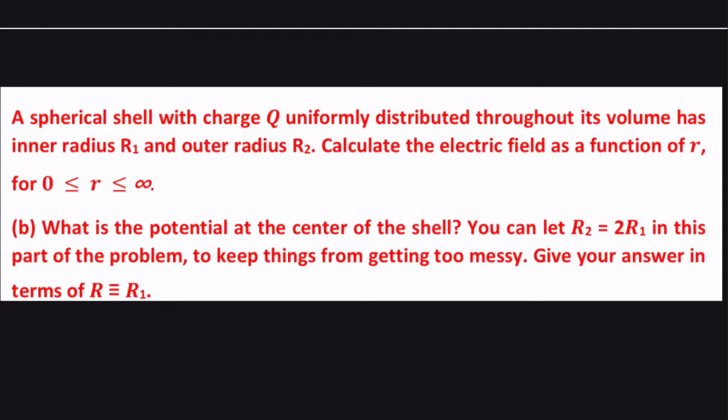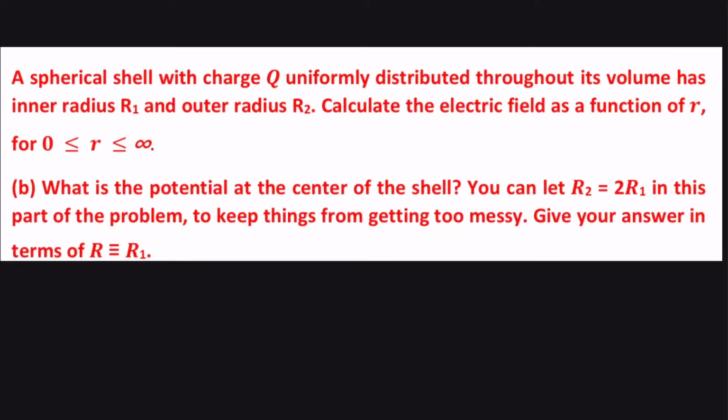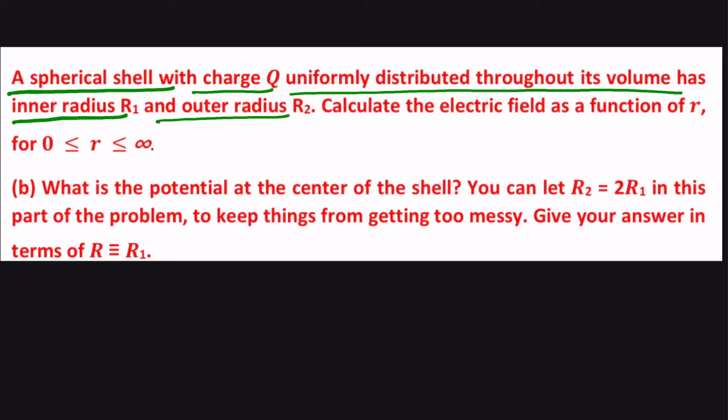So first question, we are given that a spherical shell with charge q uniformly distributed throughout its volume has inner radius r1 and outer radius r2.